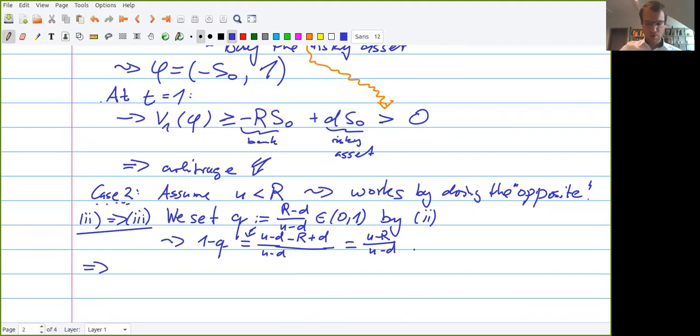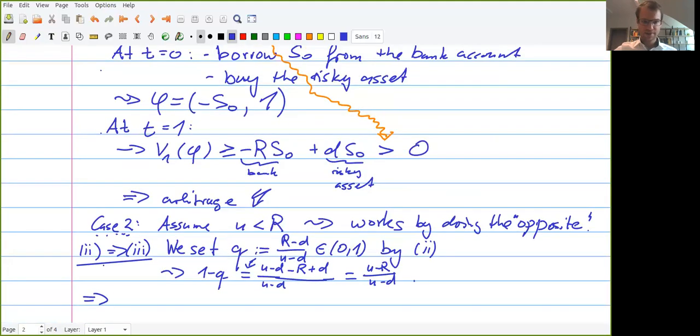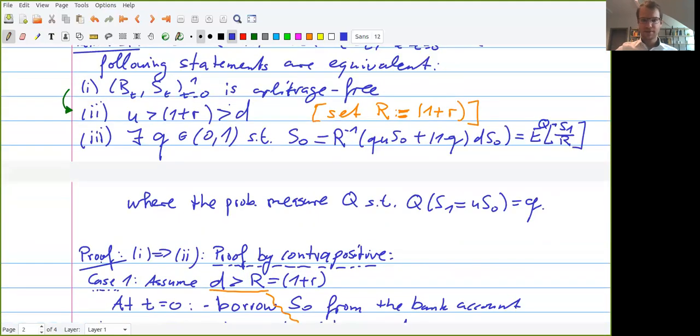It's nice. And now we want to check that the claimed equality holds true, right? There's the second one here. So this here is just the definition of the expected value, right?